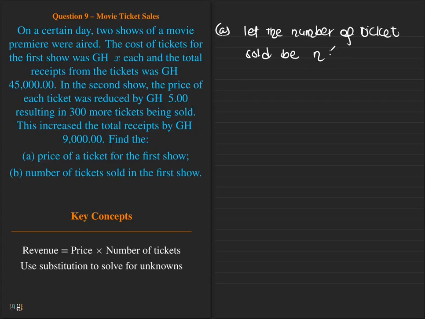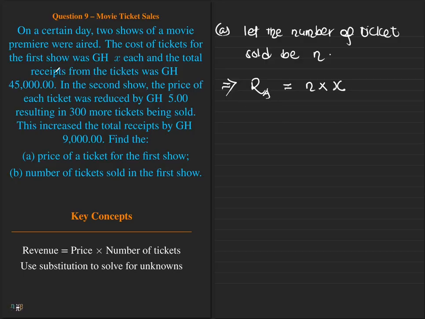Now, if n tickets were sold, then the revenue made at the first show, which we are going to name A, is simply going to be n times x, because we know the cost of each ticket is x. So this is the revenue at the first show.